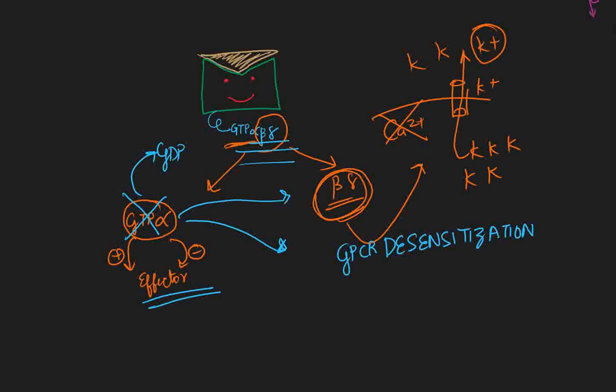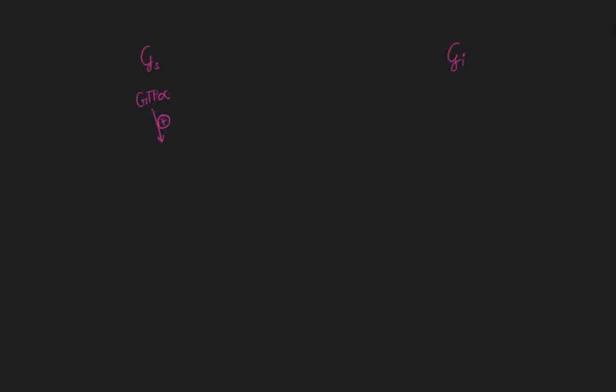Now what can this effector be? Effector can be your adenylyl cyclase. It can be phospholipase C. Now based on your effector, your GPCRs are labeled into various subtypes.